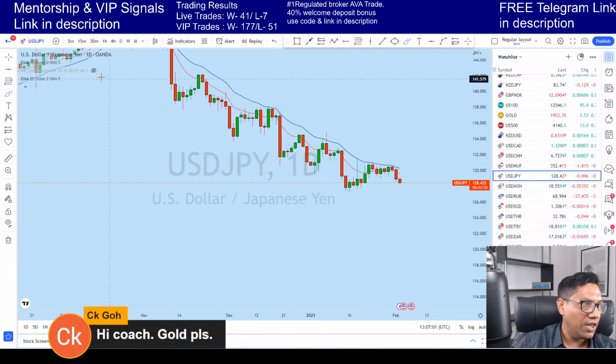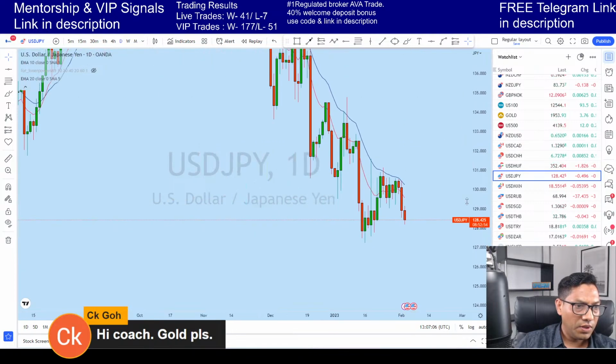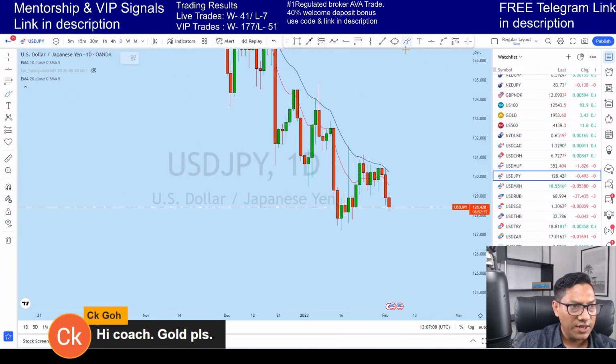Now if we look at the daily perspective on dollar yen, from the daily time frame, dollar yen has created a long consolidation pattern here. With that long consolidation, the price created this double top, or a long consolidation pattern, and a series of lower highs.